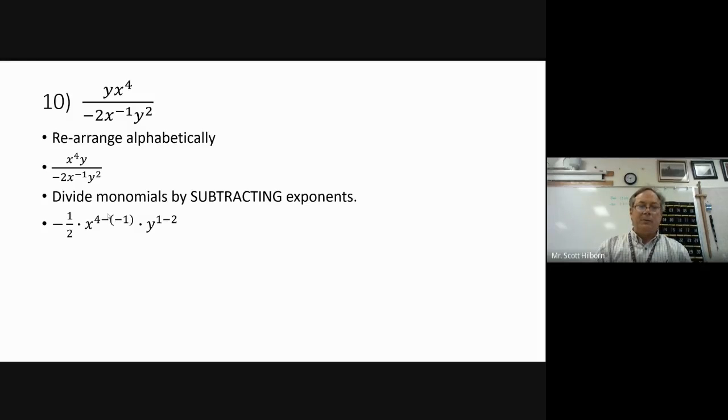Now that throws up some students, but remember, minus a negative is actually what operation? Anybody remember? Adding. Yeah. So minus a negative is actually add. So this is actually going to turn out to be the number 5, 4 plus 1. But we'll deal with that in a moment. Now, y^1 divided by y^2, it's the 1 minus 2.